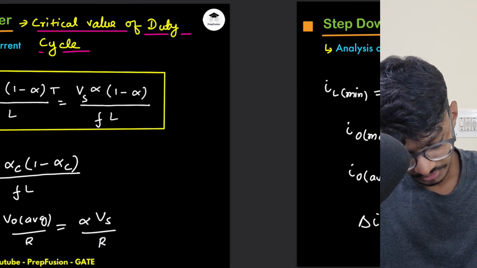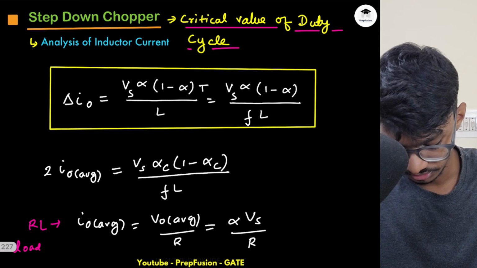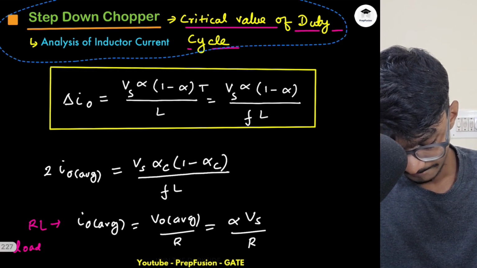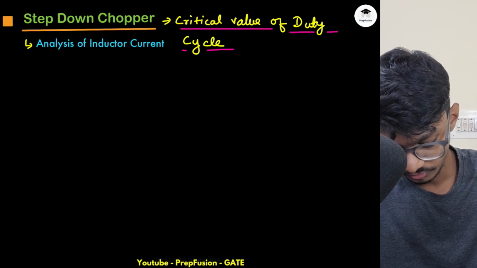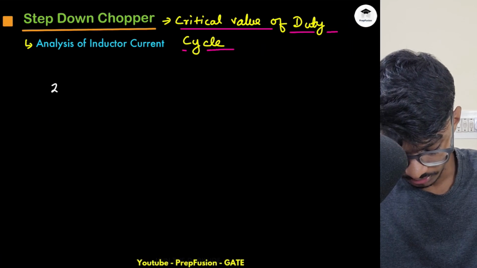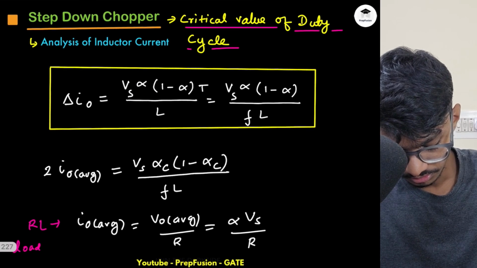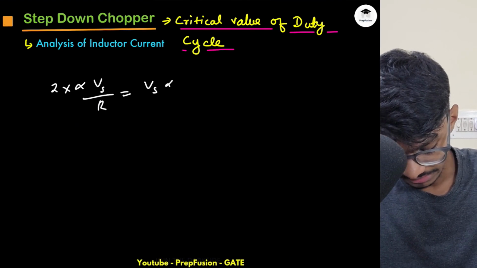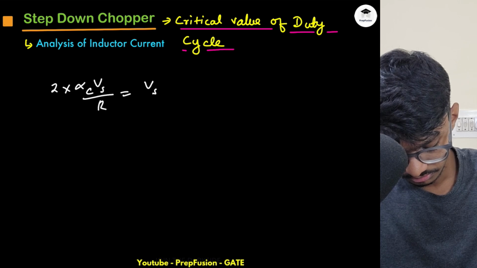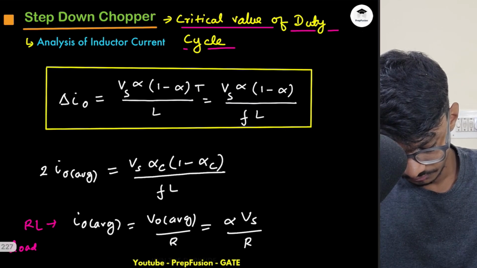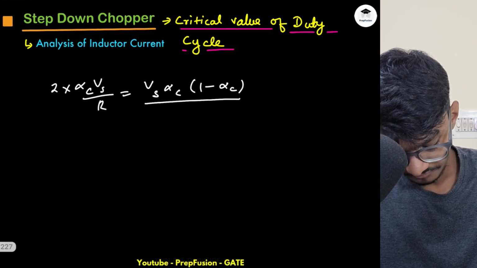Have I done it already here? No, this was the analysis of inductor current. Just hold on a second, I'll replace everything. This value will simply be 2 times alpha into Vs by R, equals Vs alpha C into (1 minus alpha C) divided by FL.